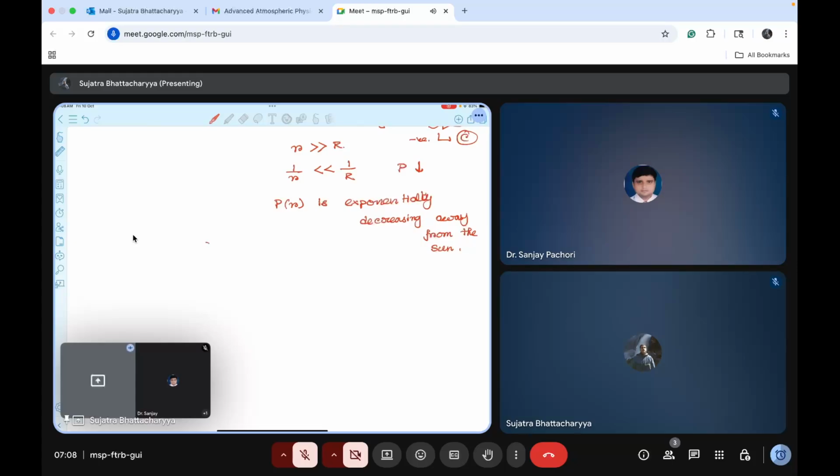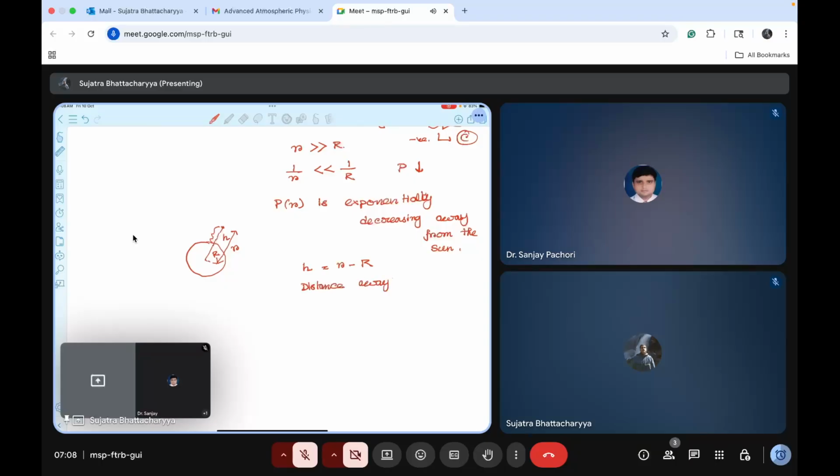Suppose you have a sun. This is the radius of the sun, and this is some height h from the surface. If this is the total distance, small r, then r minus capital R is the height from the surface.